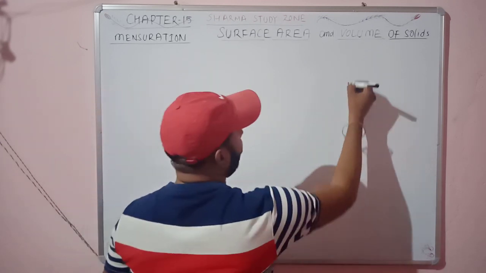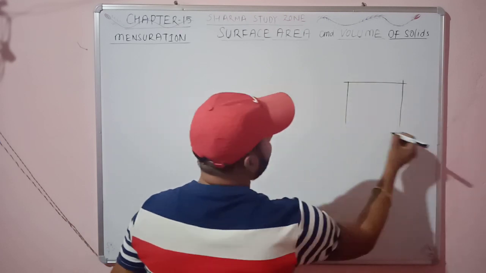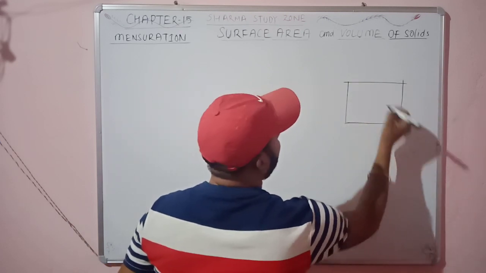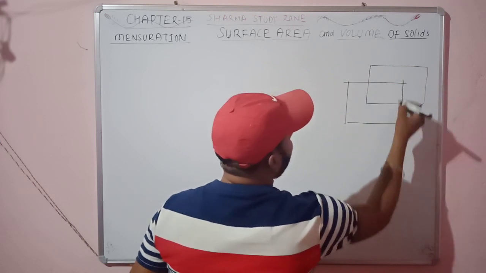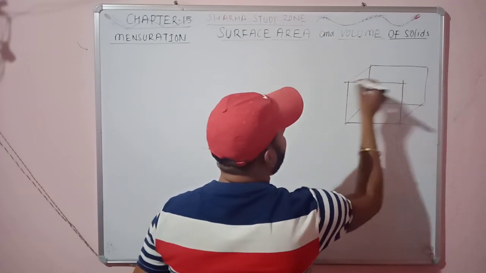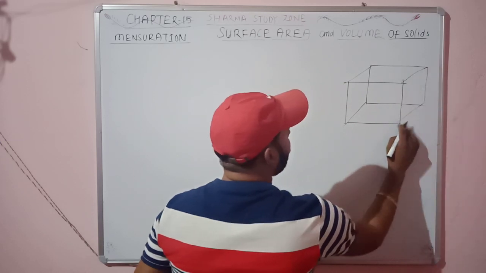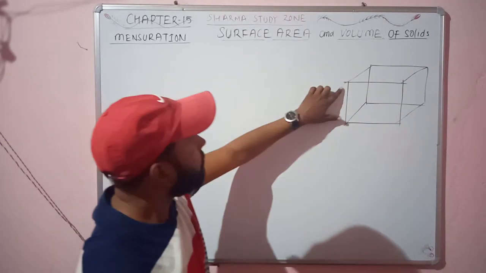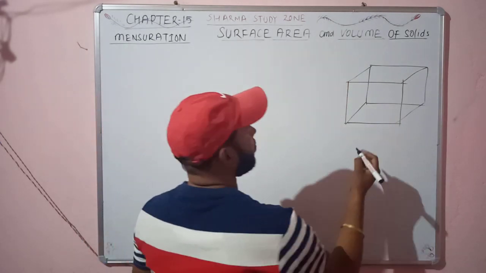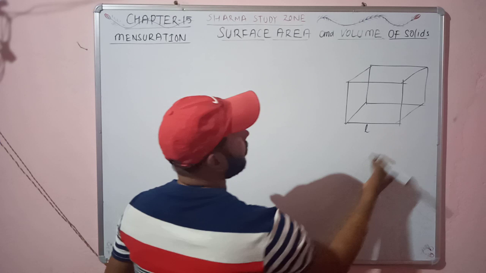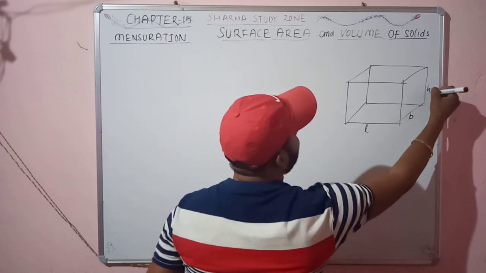Suppose I am drawing a cuboid. Okay, you can say this is the model of a room. Suppose this is the length, this one is breadth and this one is height.